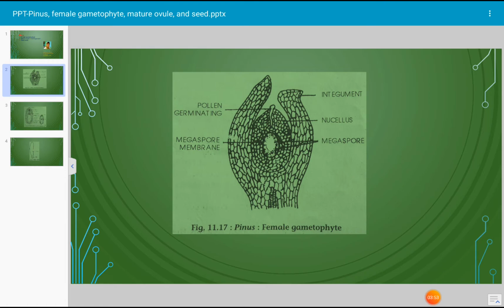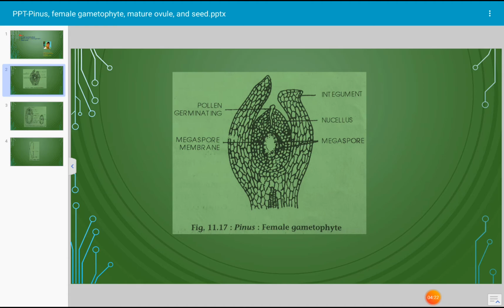At this stage, nearly 2 to 3 archegonia develop toward the micropylar end of the female gametophyte. The remaining part of the female gametophyte is described as endosperm. The endosperm here differs from the endosperm in the angiosperms in being haploid and being formed before the act of fertilization. This is the difference.